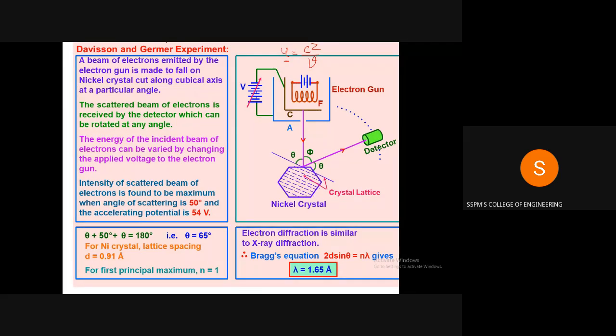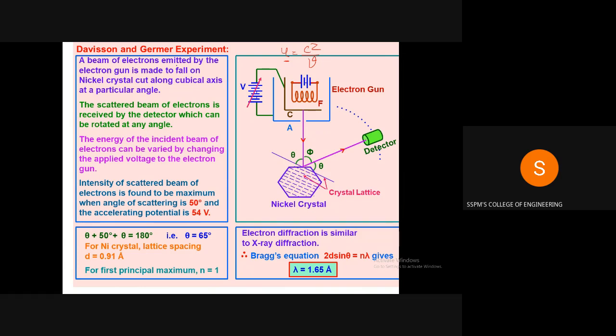What is observed here? A beam of electrons emitted by an electron gun is made to fall on a nickel crystal cut along the cubical axis at a particular angle. Okay, this is the nickel crystal. Here is a filament. The filament is attached to this low power supply, so that in the presence of the low power supply, this filament is able to emit the electrons, and those electrons are going to be incident on this particular nickel crystal.